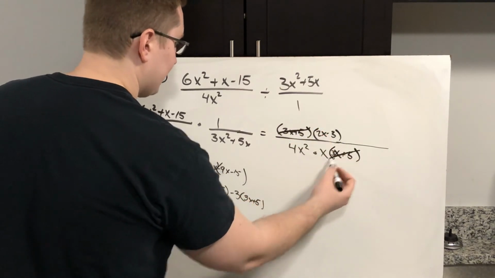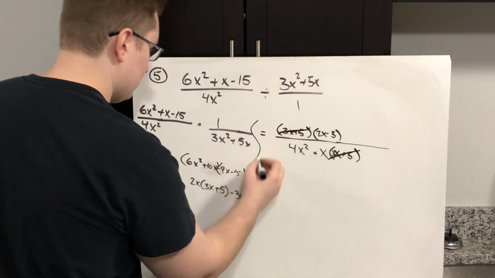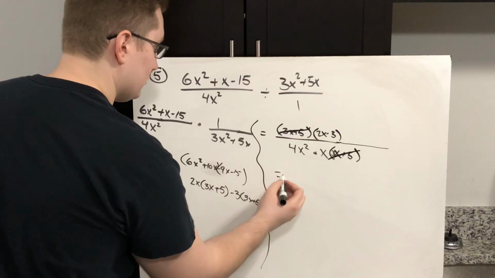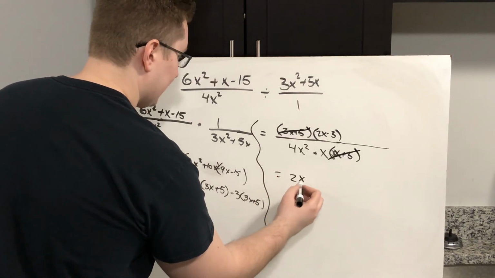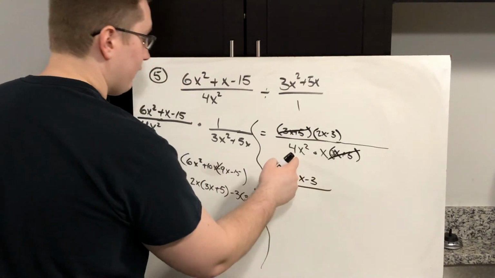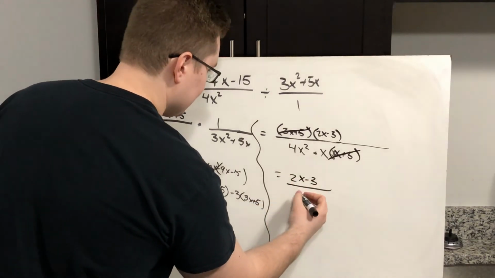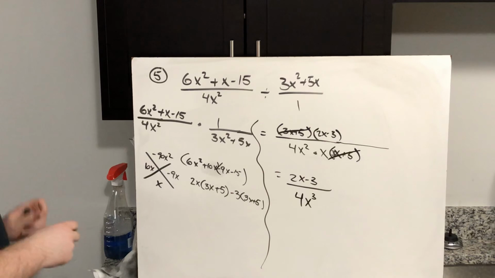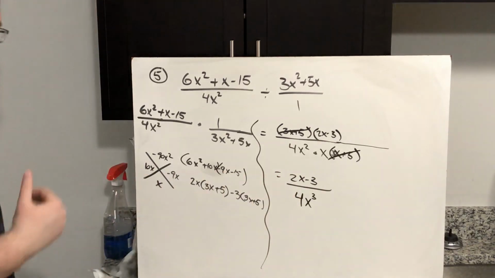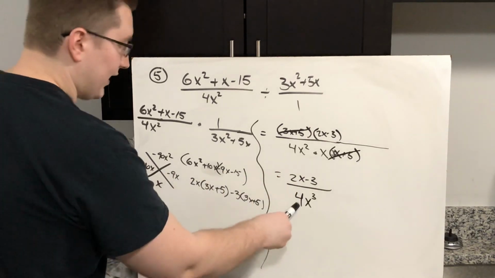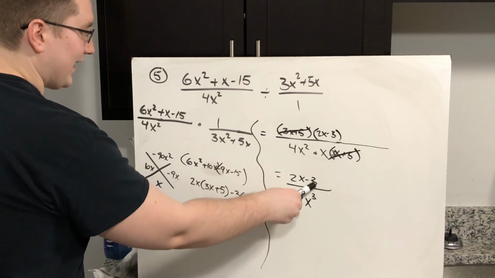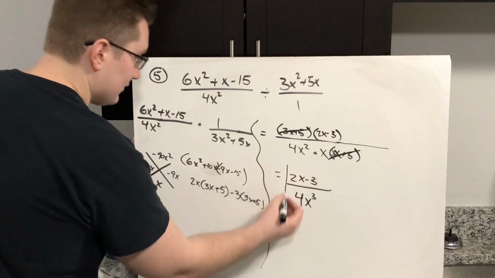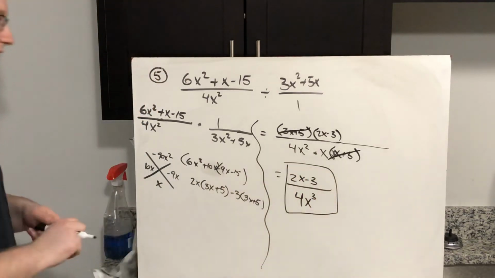The 3x plus 5's cancel. So I have 2x minus 3, and I have 4x squared times x, which is 4x cubed. And you may be tempted to say, hey, I got a 2 and a 4, I can simplify that. But this 4 has to be simplified with everything, and I can't simplify with this 3. So this is our final answer.